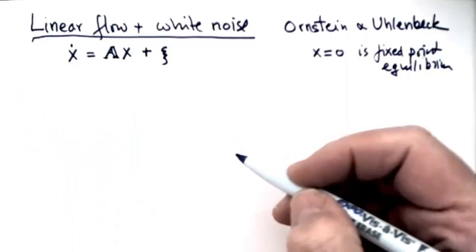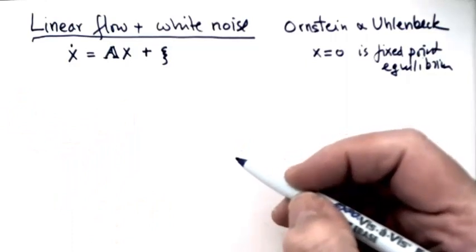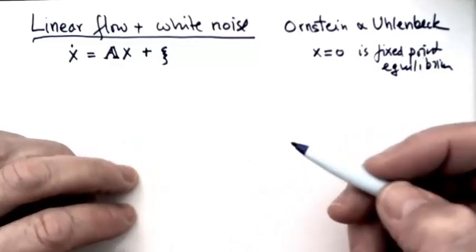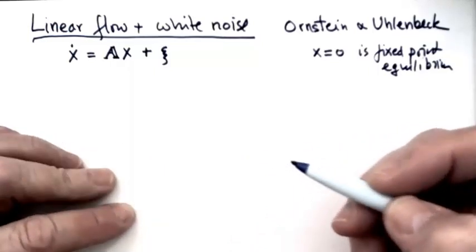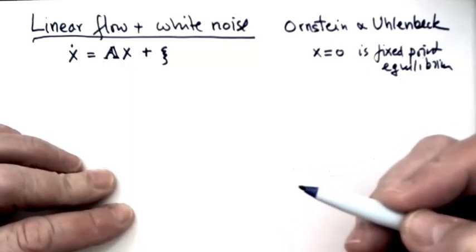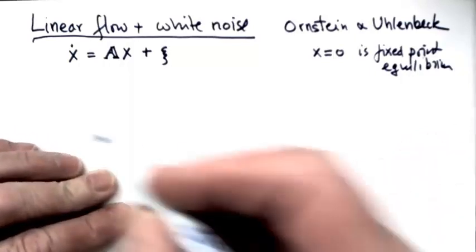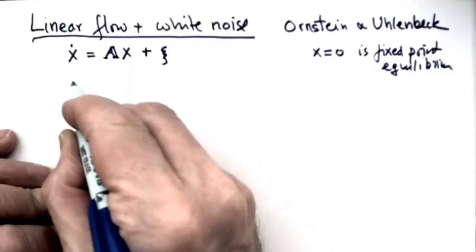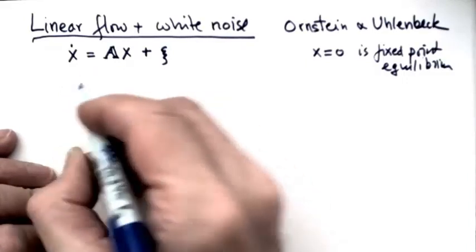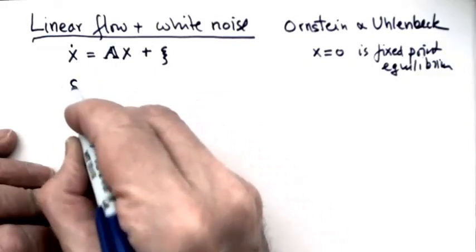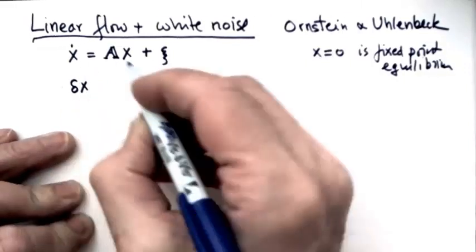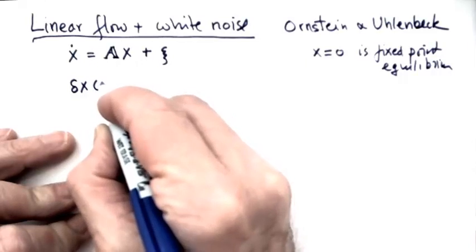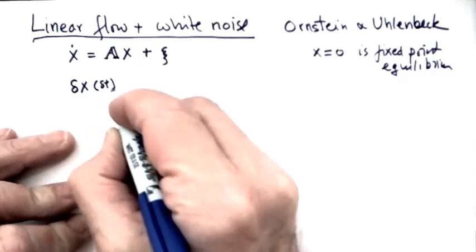Now to understand what the noise does, we have to describe what it does. And the simplest thing is to consider discrete evolution. So let's consider how the increment dx looks at time delta t.